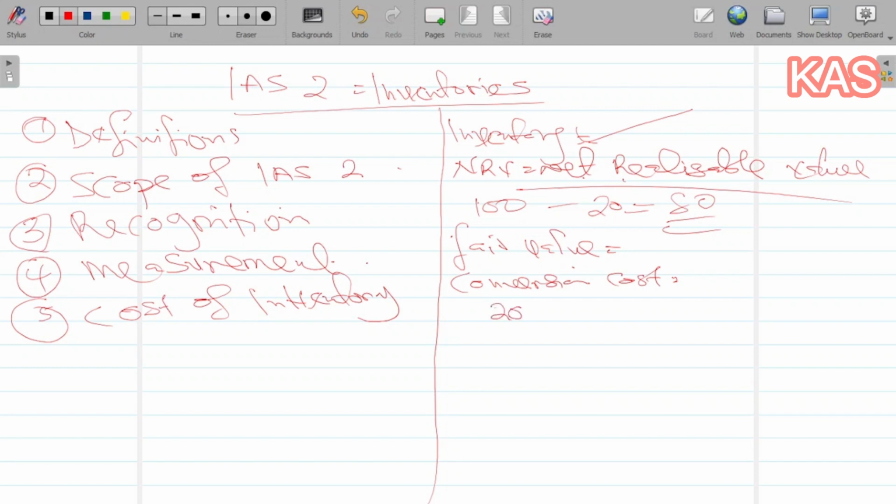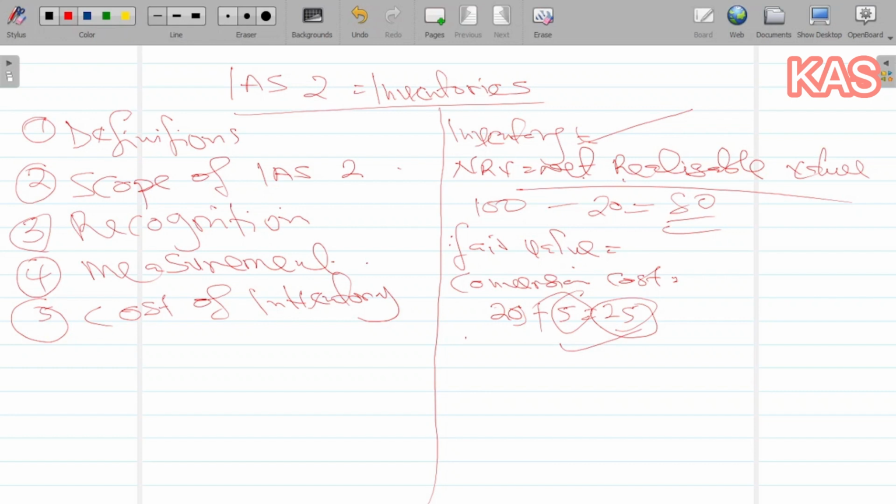Then you are going to convert your raw materials into finished goods, and you are going to incur some expenses to convert that from raw materials into finished goods. Let's assume you incur 5 naira, so you are going to say okay, it is 25 naira altogether. So this 5 naira that you incur is the conversion costs.